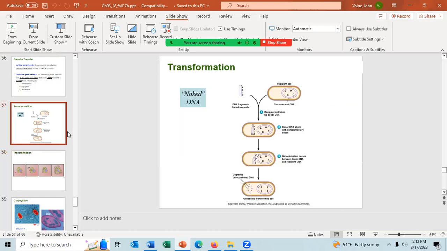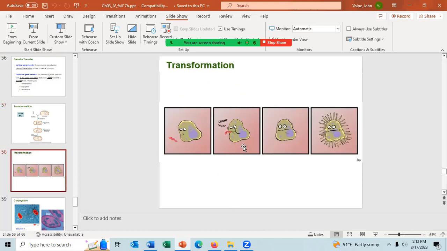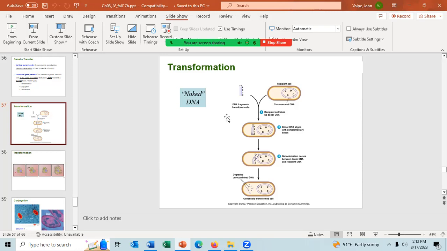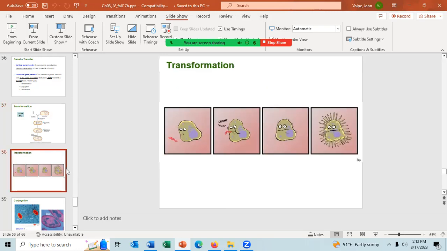Transformation is the process of taking in DNA, but we can also say that this cell becomes transformed because its phenotype changes. So transformation is used in both ways. I will use it to mean the process of taking in DNA and then expressing that DNA. Okay, any question about any of that? All right.